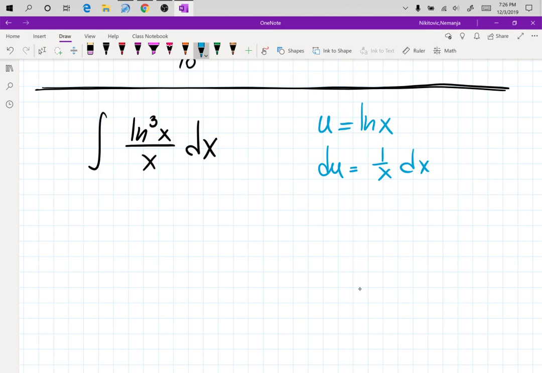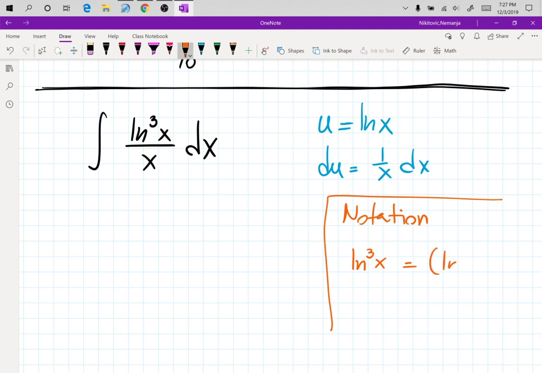I'm going to do this in the box here just as a side. If anyone has issues with notation in mathematics, ln cubed x means ln x everything cubed, just like sine cubed x means sine x everything cubed.